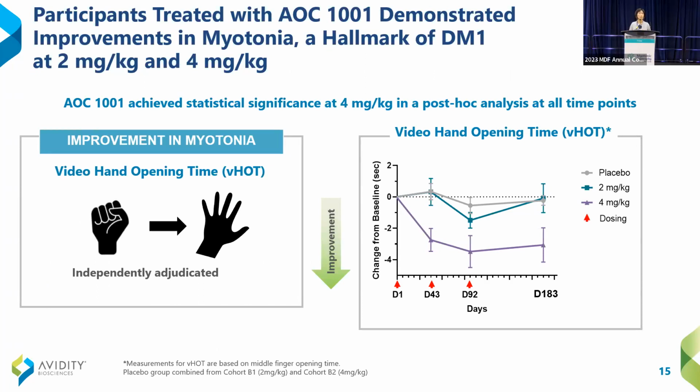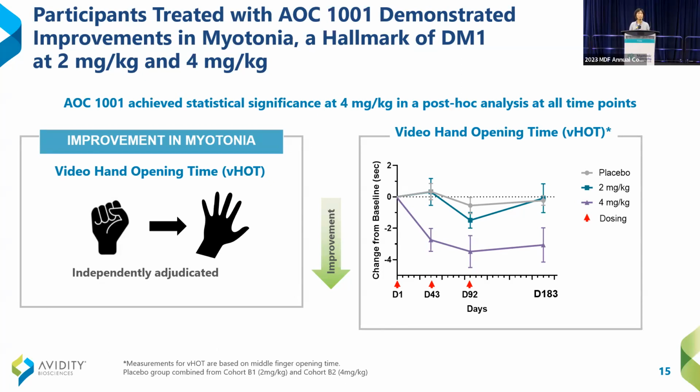Just like what was described by the panelists in the last session, we understand that hand function is a very important part of the disease. So I'd like to share this data with you. This is the data from the assessment we call video hand opening time, or VHOT.